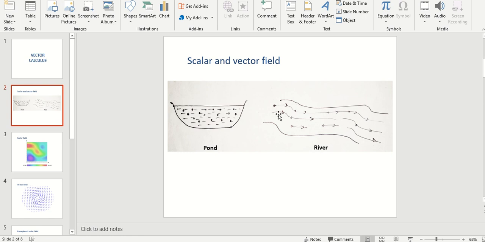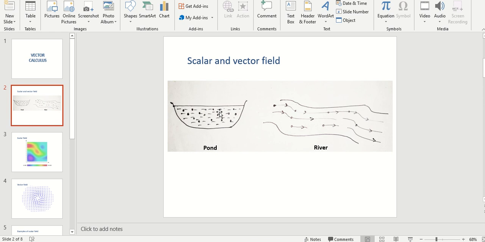So to define the basic difference between a scalar field and a vector field, we can start with this example. A field does not mean a playground. A field means it is some points. Many points exist in this pond, many water particles.